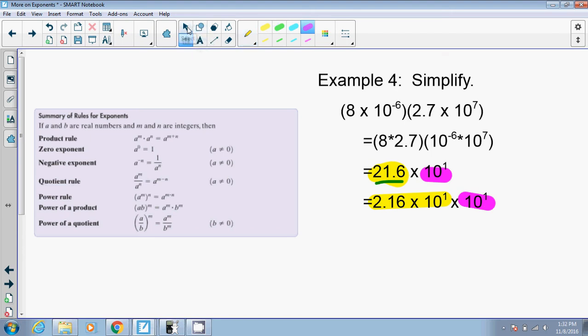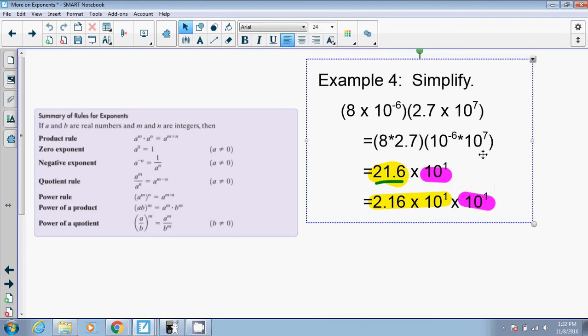But one last thing we need to do here, we do need to finish simplifying this. When we simplify this, we know we have the 2.16 that can't be multiplied by anything else. But now we want to combine that 10 to the first and 10 to the first.